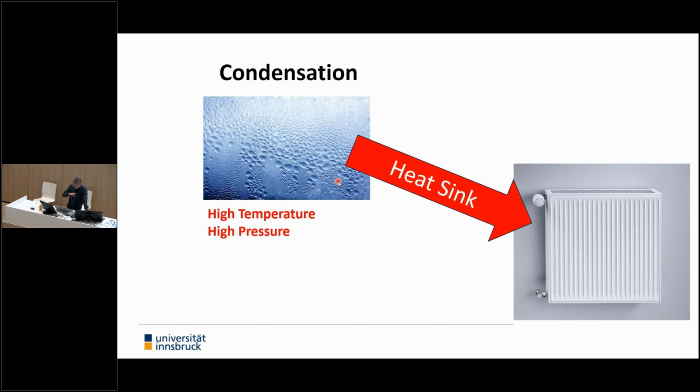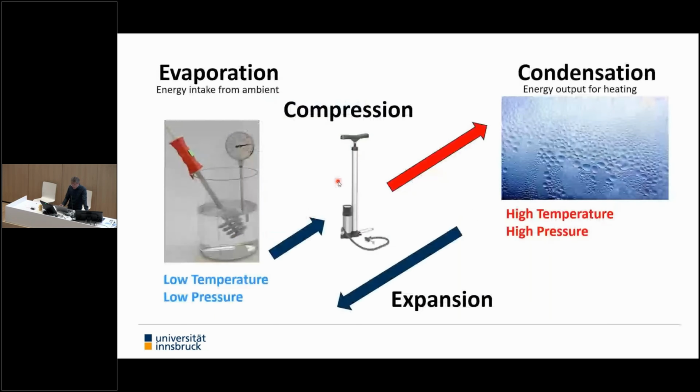So evaporation and condensation, and in between you need some machine, which is a kind of compressor. In this case, it's just like a bicycle air pump. You all know if you compress air with a bicycle air pump, it feels warm. The higher the pressure is, the warmer the air gets inside the pump. And the other way around, if you expand the air, it will reduce the temperature.